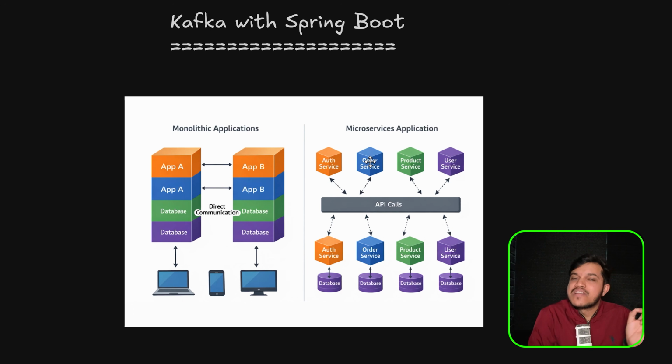For example, if the order service is making a call to the product service, and there is some issue in the product service, maybe the application is down or some other issue, and it is not responding back, then the order service also will not be able to proceed further, because both of them are tightly coupled with each other. Two services, two microservices, two applications are tightly bonded.